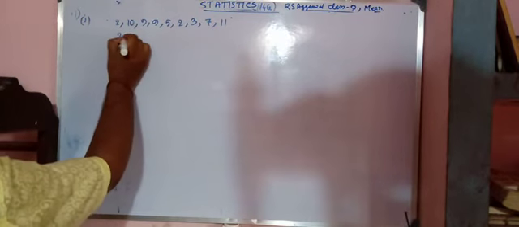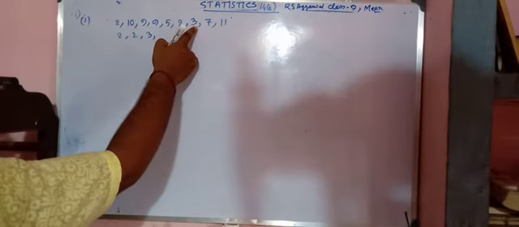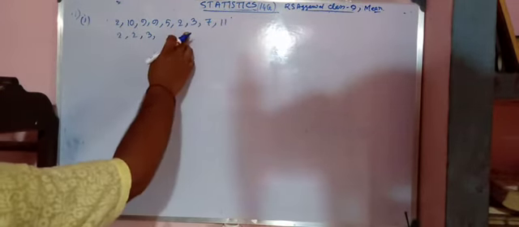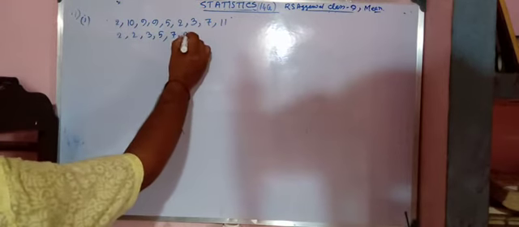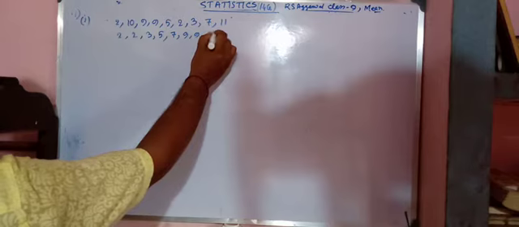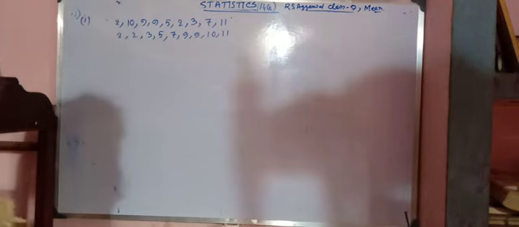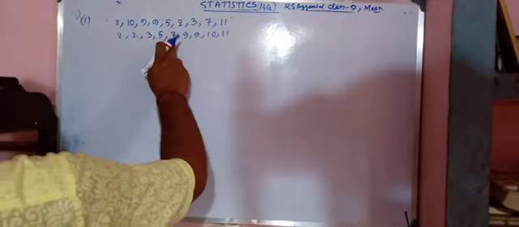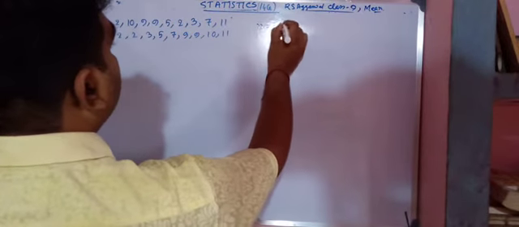That is 2, 2, 3, 5, 7, 9, 9, 10 and 11. So this is the ascending order of this data. Understood that? Now here 1, 2, 3, 4, 5, 6, 7, 8, 9. So here n is equal to 9, that is odd.